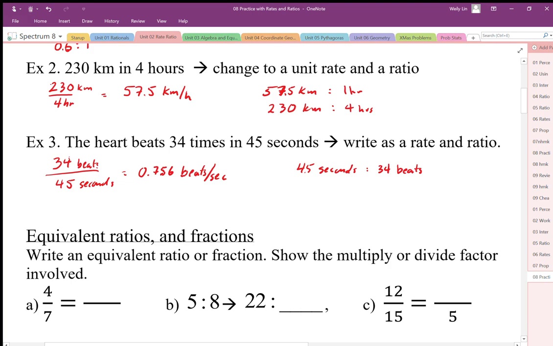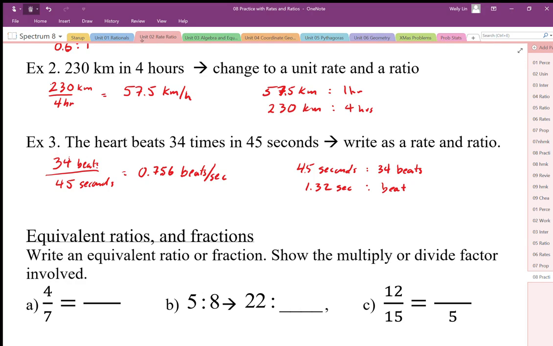So if we do 45 divided by 34, we get our 1.32 seconds per beat. And these are all the same rates, although they're in different terms and they are in reverse of each other. So these ones on this side are in reverse of these ones on this side.